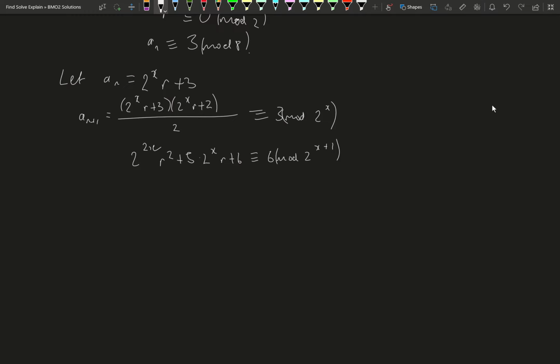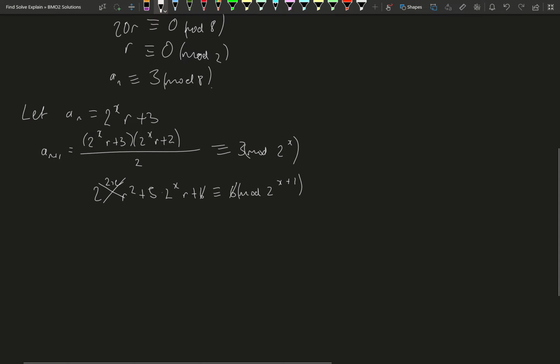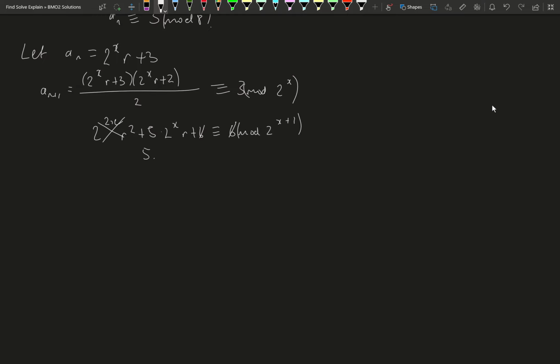Using the same approach as before, the 6 gets rid of that, and then 5 times 2 to the x r is congruent to 0 mod 2 to the x plus 1.